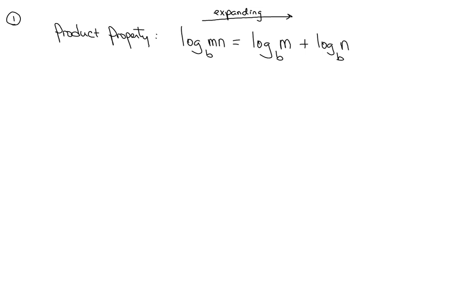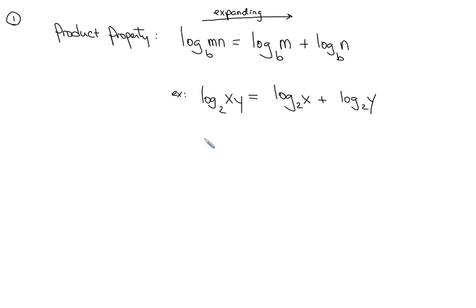So, what does this say we can do? For example, this tells us that if we have something like log base 2 of xy, that can be written as log base 2 of x plus log base 2 of y. That's expanding. Okay?